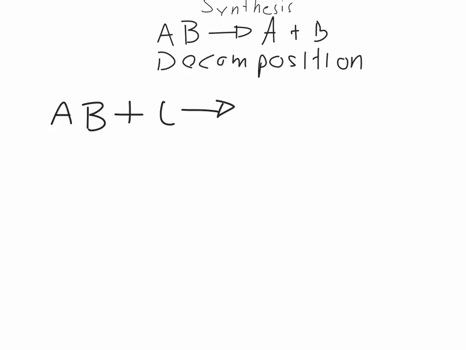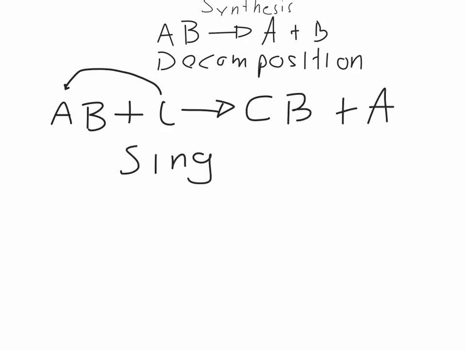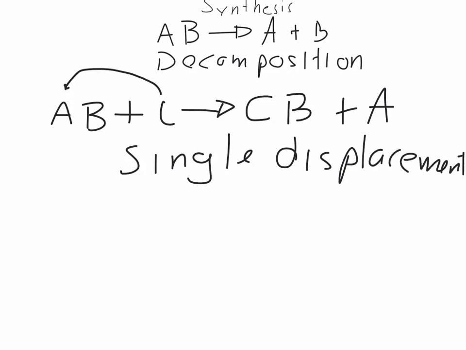So what you're going to have here is that C will take the place of A, and A will be free. So the result is CB plus A. These are called single displacement, or replacement.